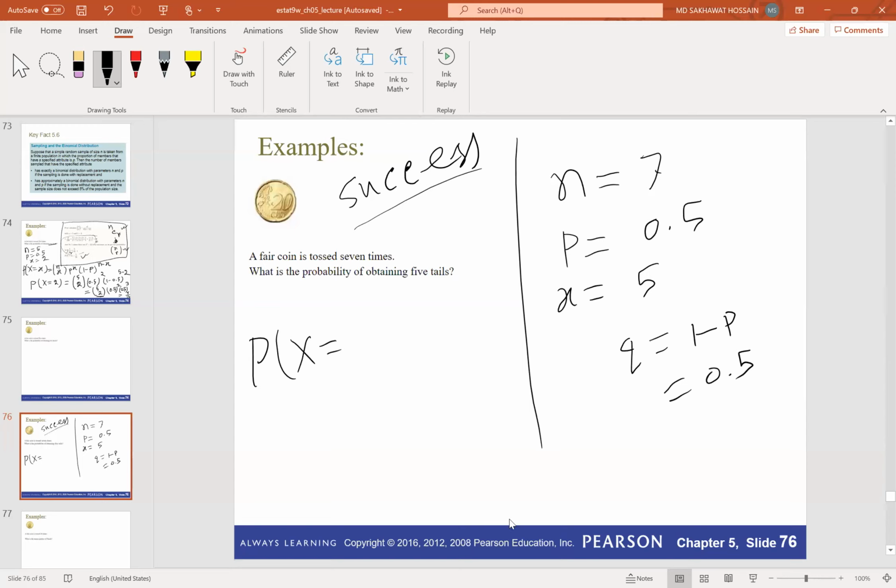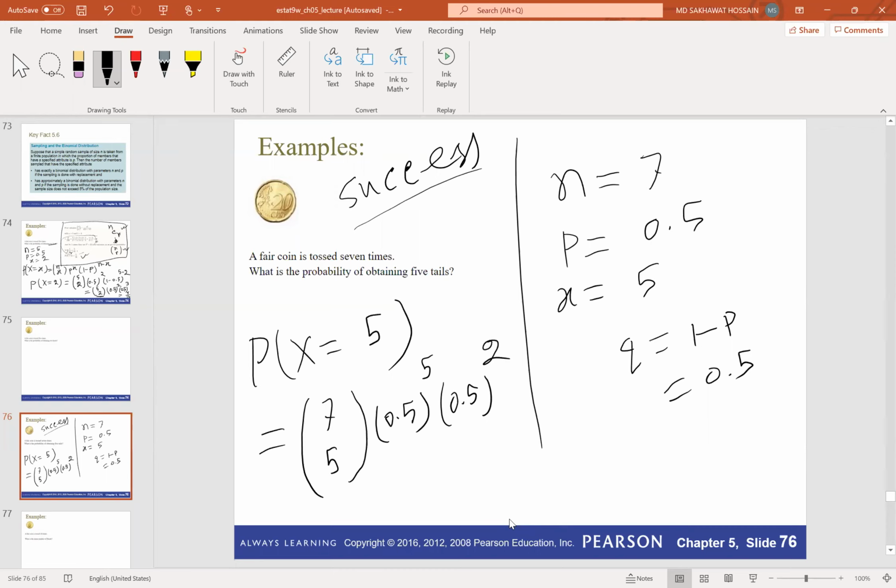Okay, thank you. So we want to find this probability. Then it will be 7 combination 5, times 0.5 to the power 5, times 1 minus 0.5, which is also 0.5, to the power 7 minus 5, which is 2. So this is the probability. And after simplifying, it will be 21 over 128.